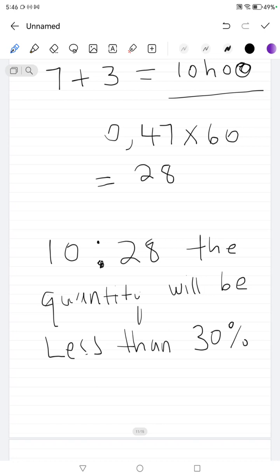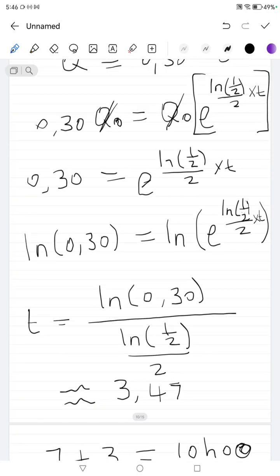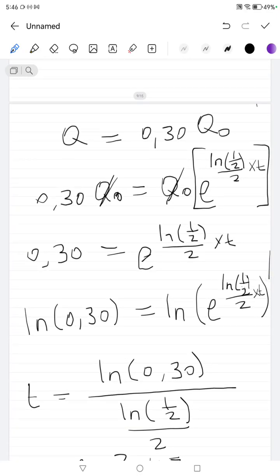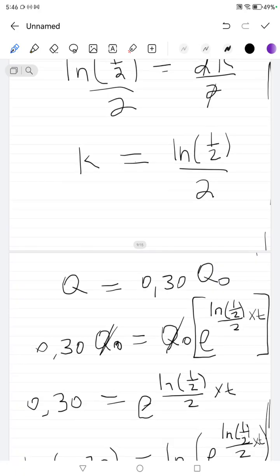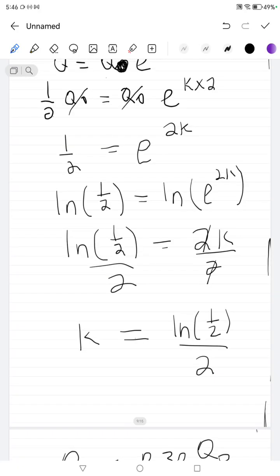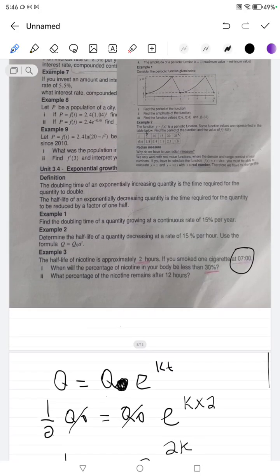Okay, let's just check. Now they're saying, what percentage of the nicotine remains after 12 hours?